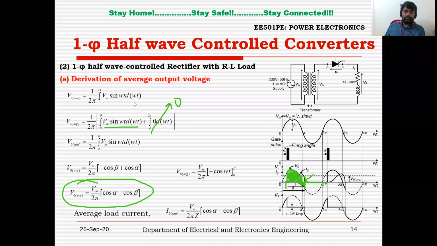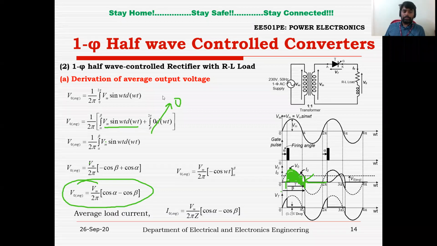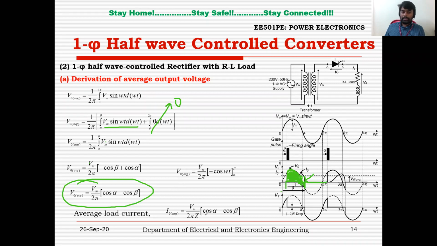If you know the average output voltage, you can easily calculate the average output current by just dividing the voltage by the impedance Z. Now if you substitute beta equal to pi, the current will extinguish at this particular point, and I can call this rectifier an R load rectifier, right?